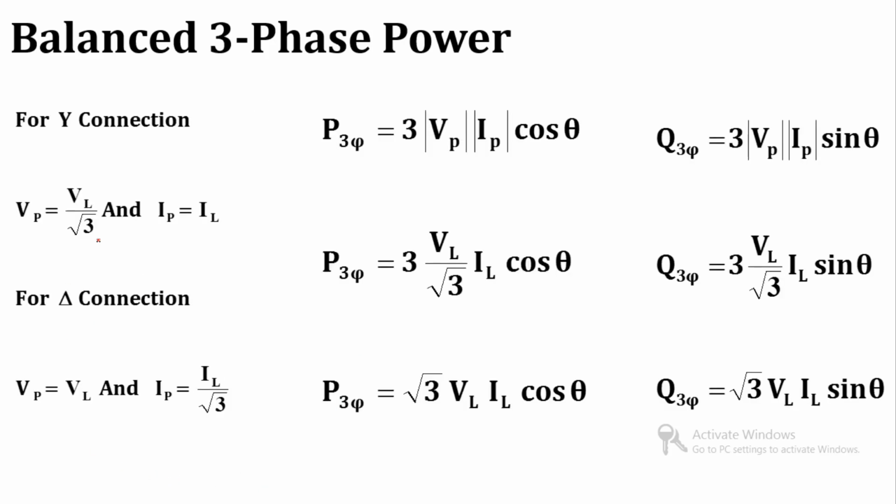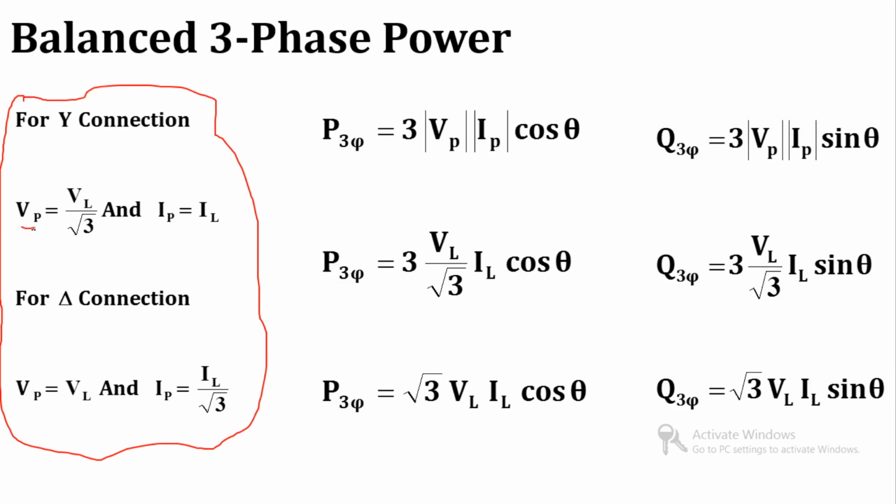Now let me revise the formulas of star connection and delta connection. For star connection, phase voltage is equal to line voltage by root 3, and phase current is equal to line current. For delta connection, phase voltage is equal to line voltage and phase current is equal to line current divided by root 3.